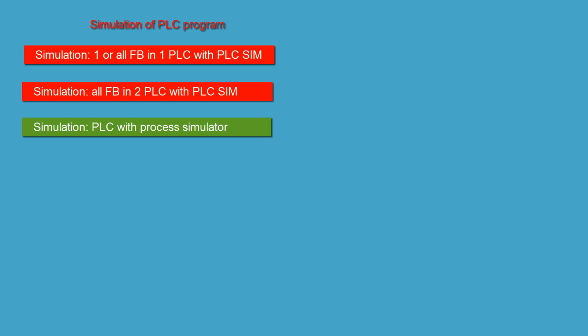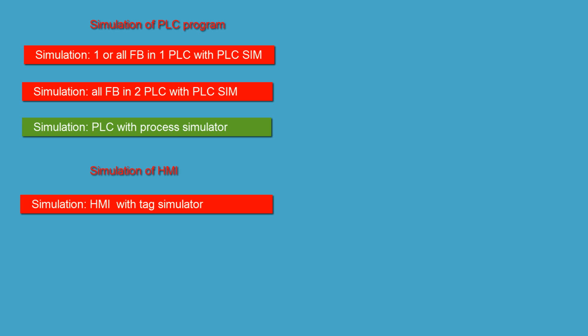The process simulator is not inside the TIA portal, and process simulators are very expensive. For the simulation of HMI systems, there are different methods. The simulation of HMI with text simulator needs no PLC program.